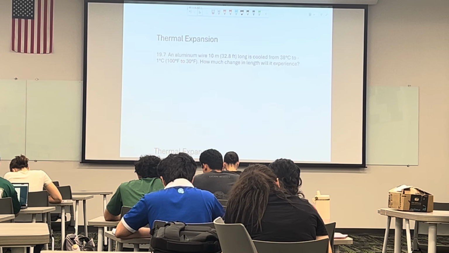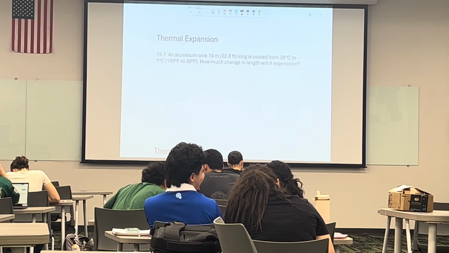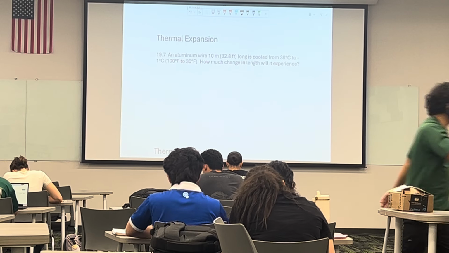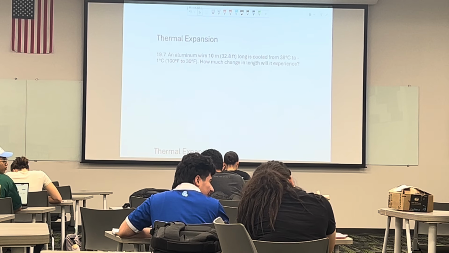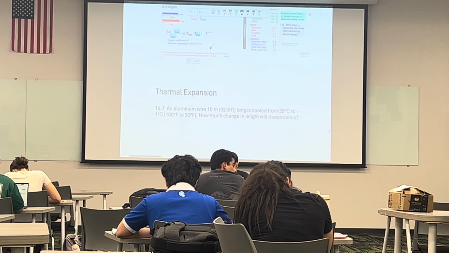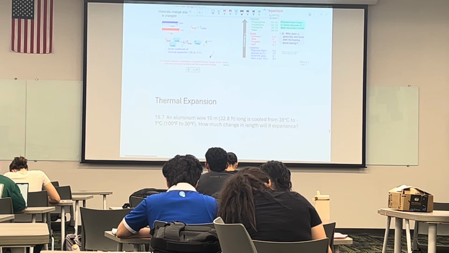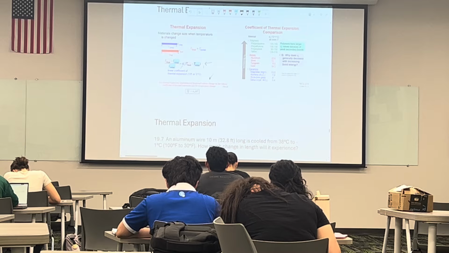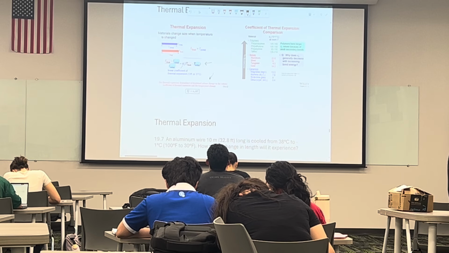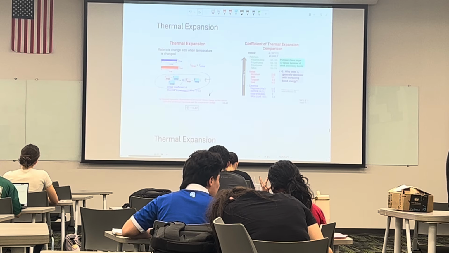So let's see. This one's not too bad. To figure out the change in length of the aluminum wire, hold on a second, let me make sure I'm getting it right. Ah, yeah. So the equation that we learned up here, I'll just circle it. It's an ugly circle.